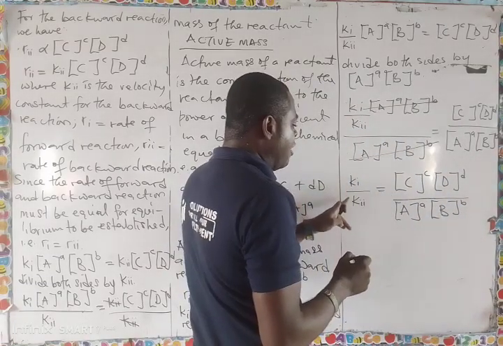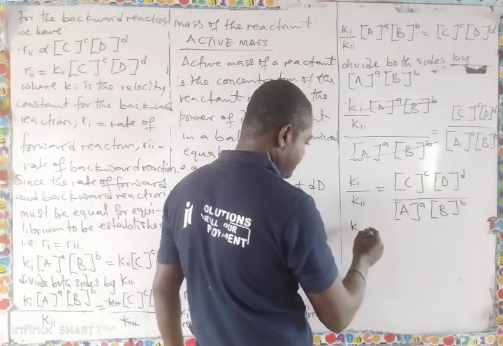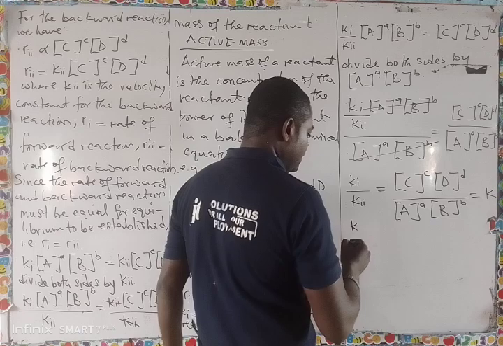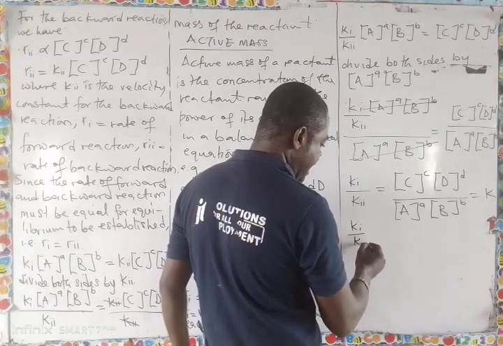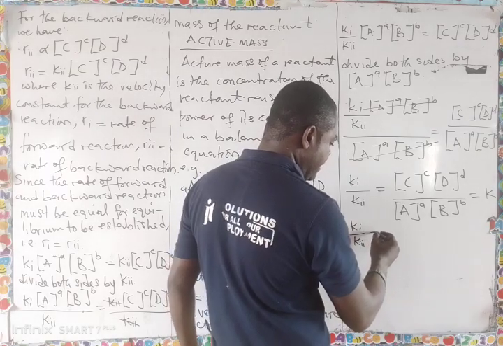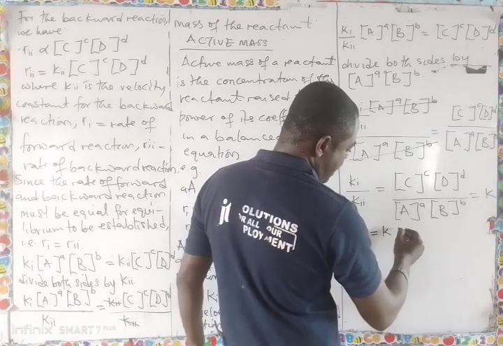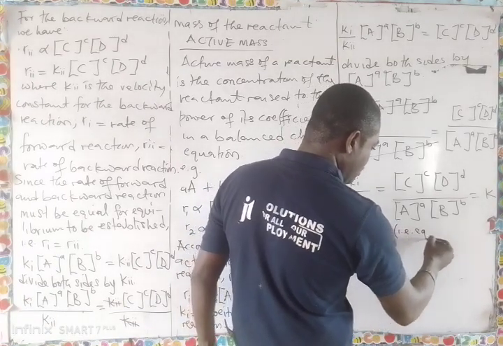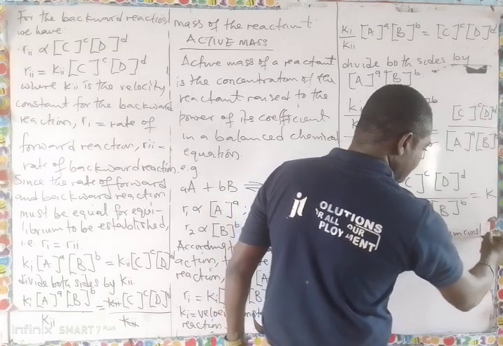Then what is KI over KII? Which is equal to K. Now, KI over KII is the same thing as K. And what is K? That is the equilibrium constant.